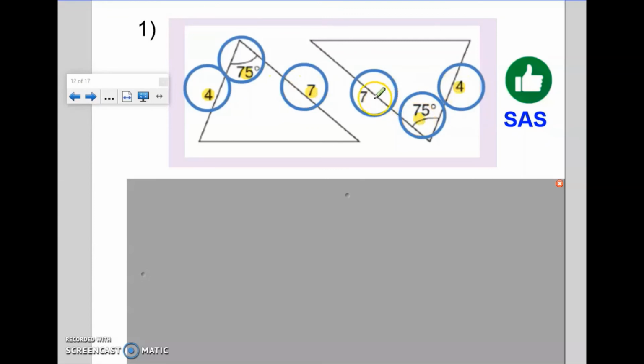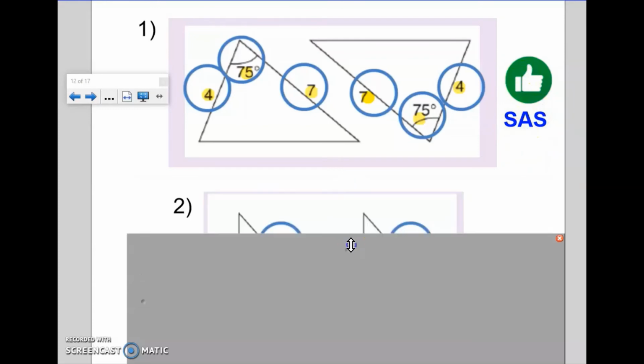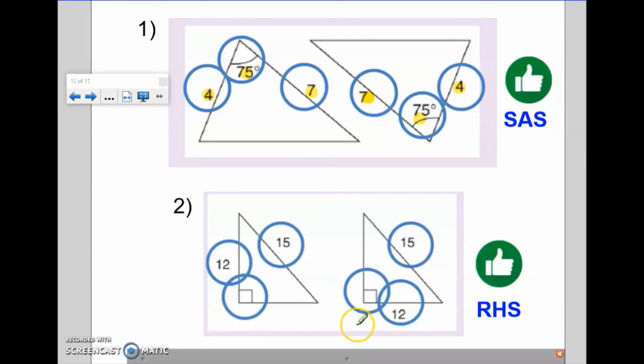So yes, we are congruent, and our justification is SAS. For number 2, again, yes, we have congruency. Right angle, hypotenuse, side. Yes, we are congruent. RHS, there's our justification.